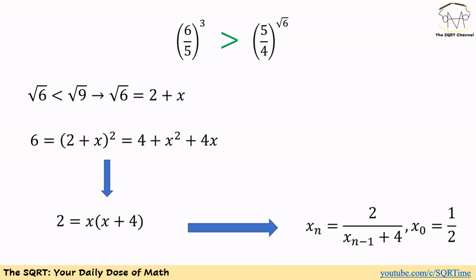If we simplify it at the end, we will end up with 2 = x(x + 4). Now instead of finding x, I'm going to write it as a fraction. I'm going to write it as x_n = 2/(x_{n-1} + 4), and we are going to start with x_0 = 1/2.